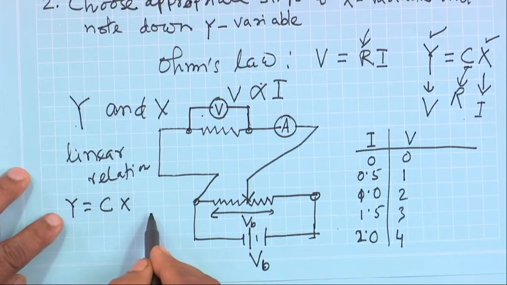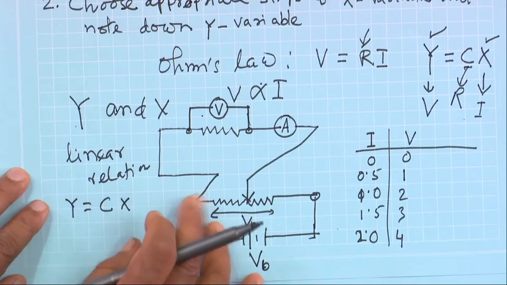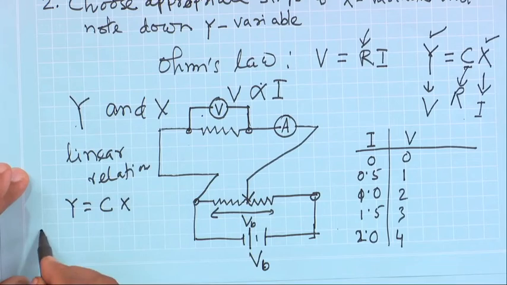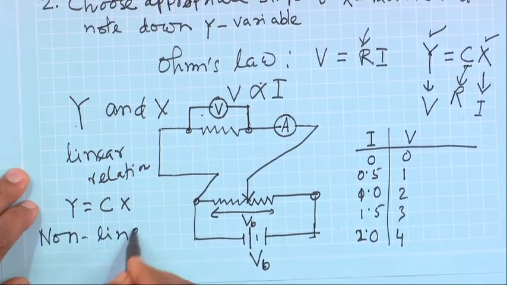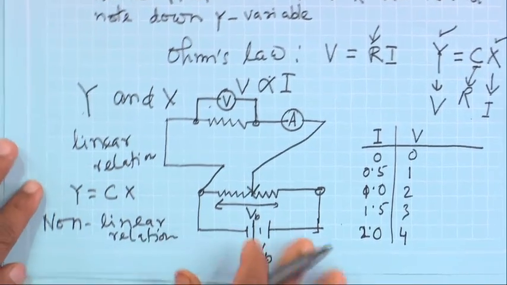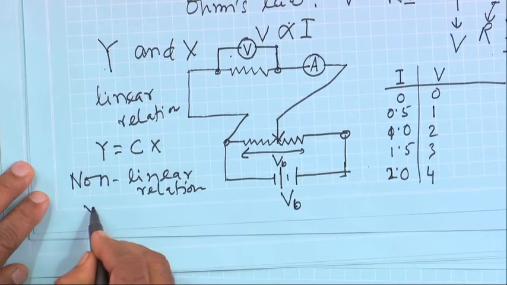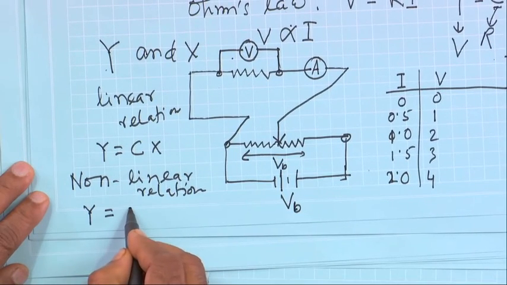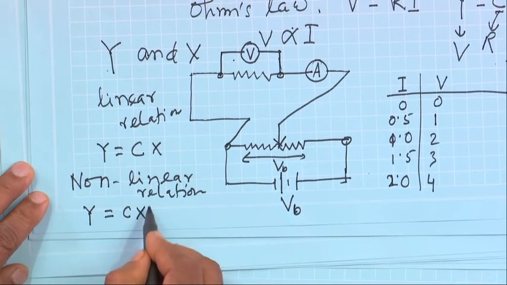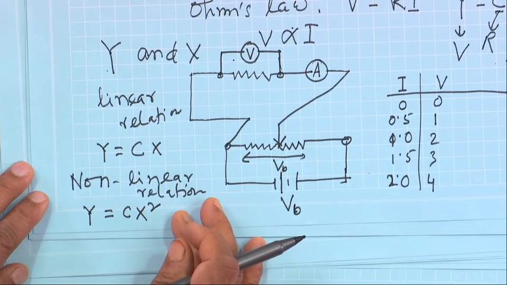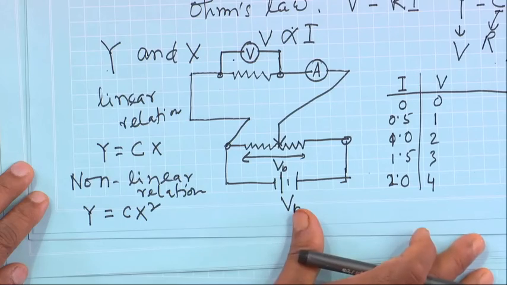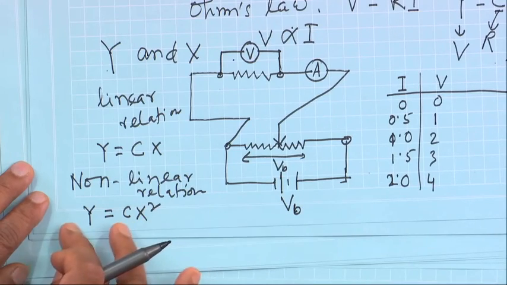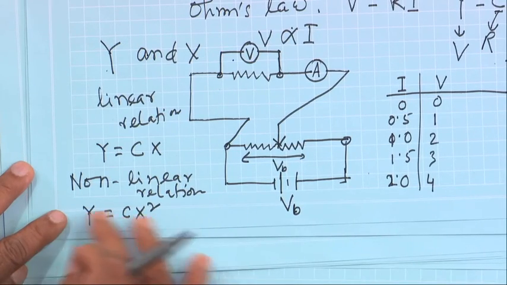For nonlinear relations, say y equal to C x square, or x cube, or C x square plus b x plus d, the relation between x and y is nonlinear.